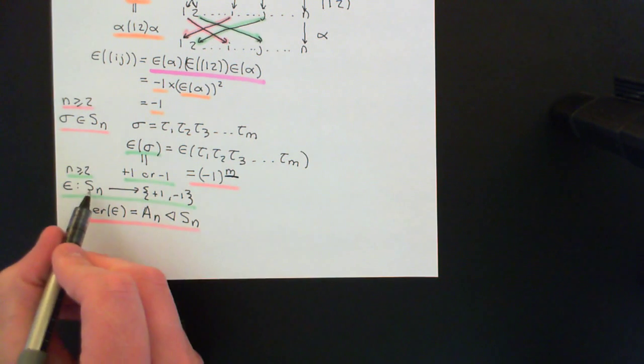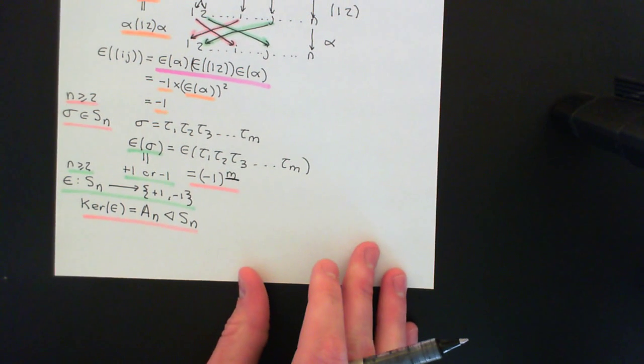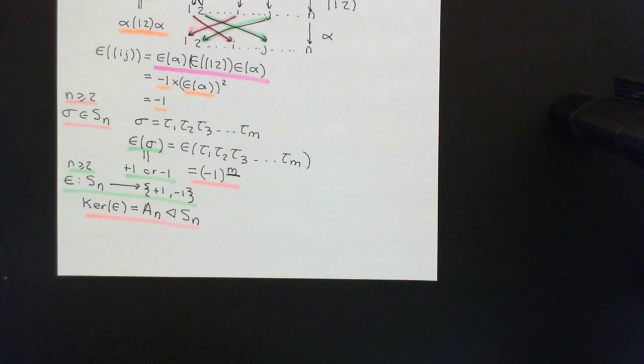Well, it's going to be all those set permutations that are mapped onto the identity over here, which of course is plus 1. It's going to be all those set permutations that are even. So that is the definition of the alternating group on the set of n elements. It's the set of all set permutations of the set of n elements that are even set permutations.